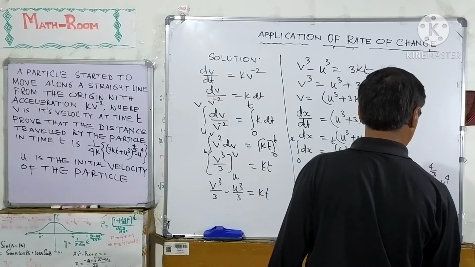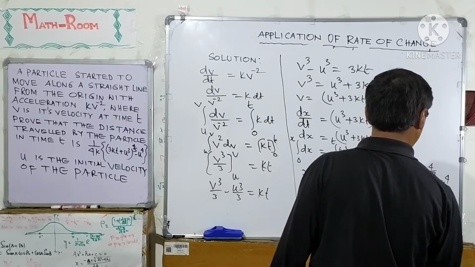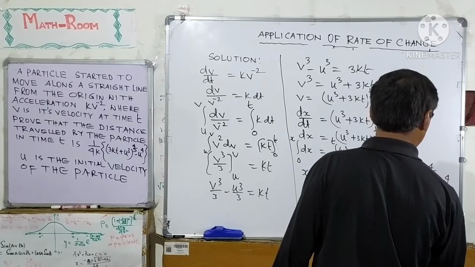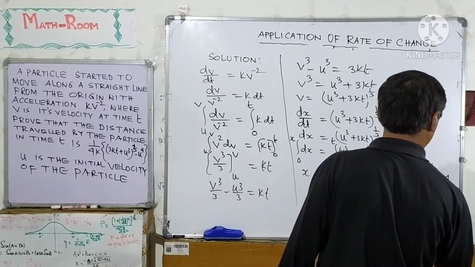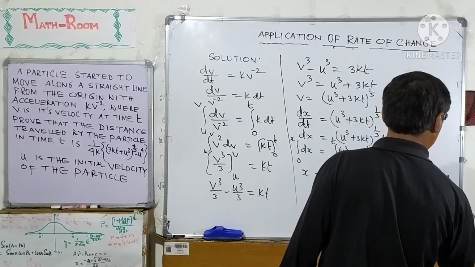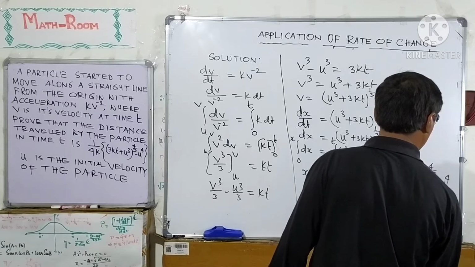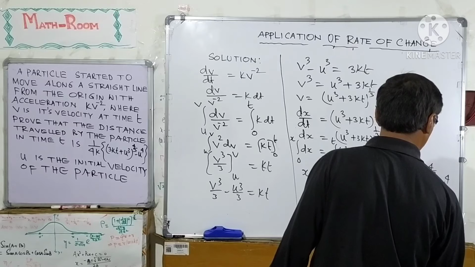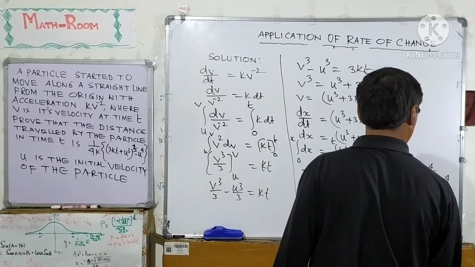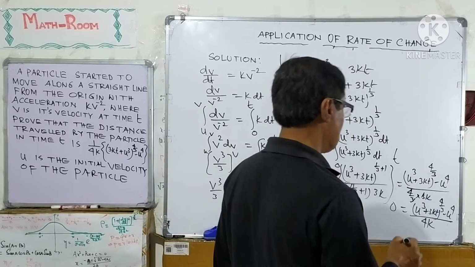This is u cube plus 3 kt to the power 4 over 3 minus u to the power 4, over 4k. The 3 is cancelled out.